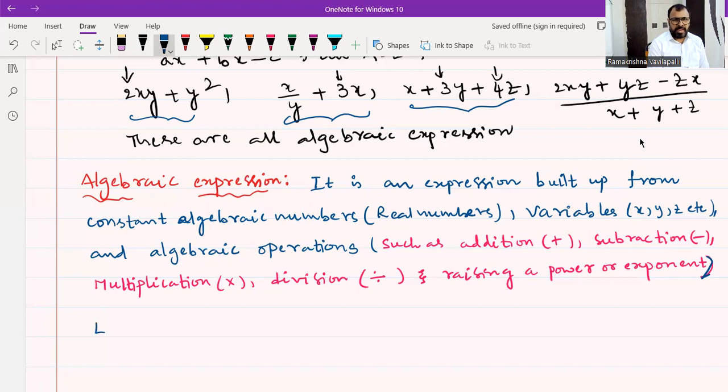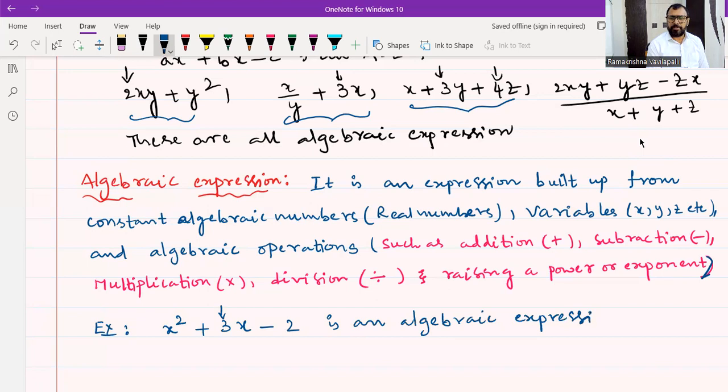Or I'll give another example. You take x square plus 3x minus 2, where we have raising a power, multiplication, and addition. This is an algebraic expression.